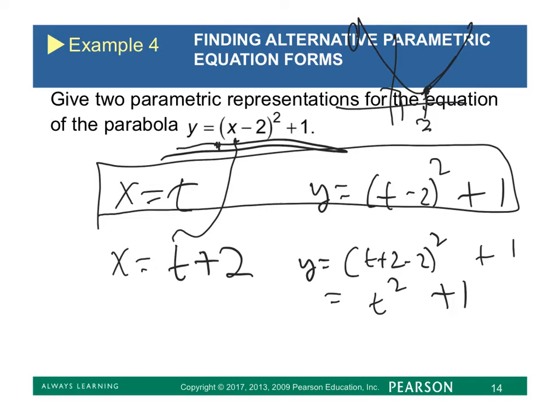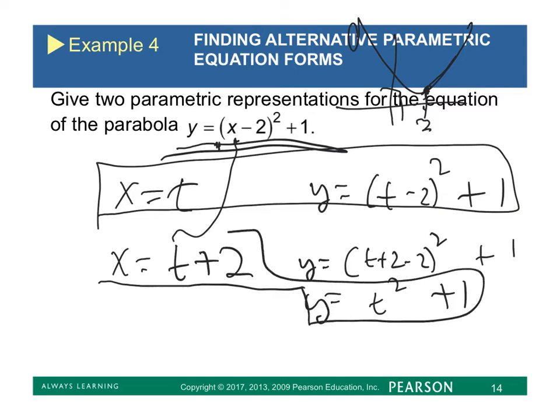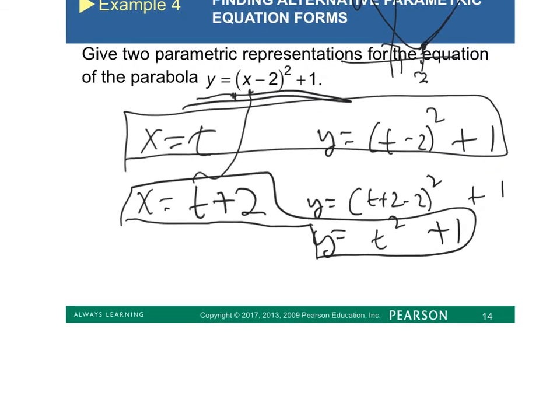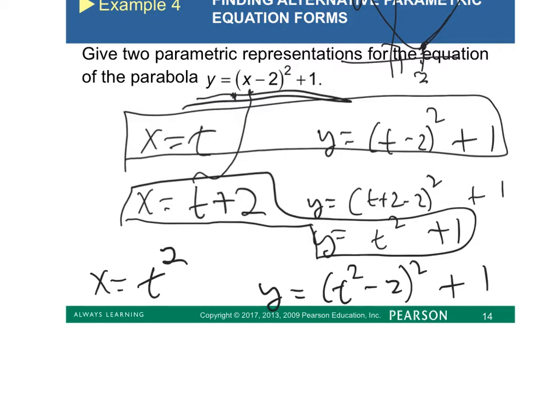So that's kind of cool that this set will give you the same picture. Different equations. You could get really complicated and let x equal t squared just for fun. Plug that in, you get y equals (t squared minus 2) squared plus 1.